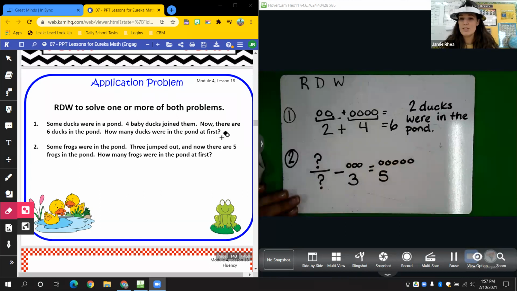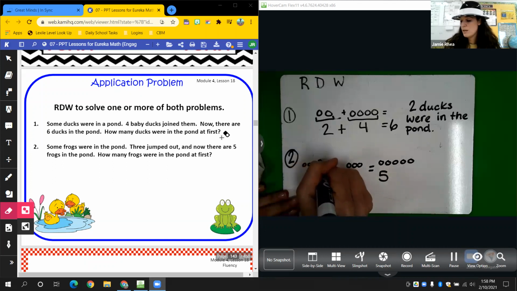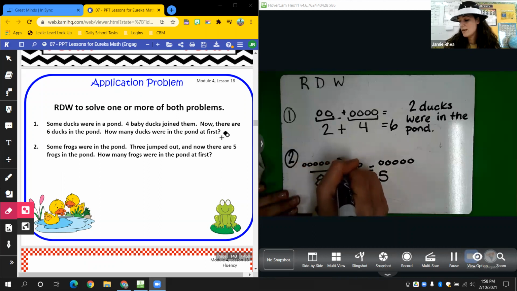Now, here's what I have to do, friends. I need to find out how many were in the pond to begin with. So I'm going to say, here's my 5 plus 3 more because 5 are left in the pond and 3 left. So 5, 6, 7, 8. How many were in the pond? 8. 1, 2, 3, 4, 5, 6, 7, 8.